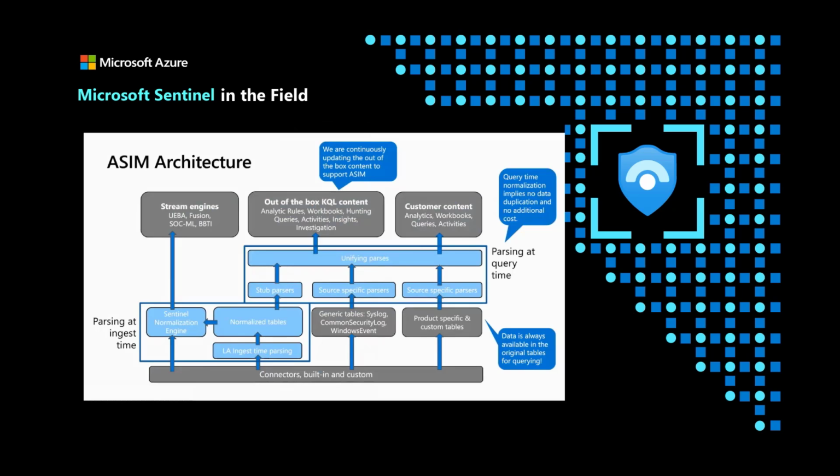There are two challenges with query time parsing. The first one is that it is slower. It surprisingly worked pretty well, but it is still slower. So for example, the experience in the workbook, which is interactive, might not be as good. The other thing is that we have non-KQL-based machinery, such as UEBA, which requires the data to be normalized in advance.